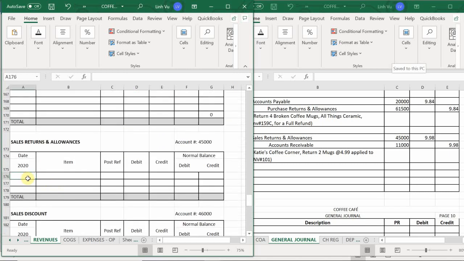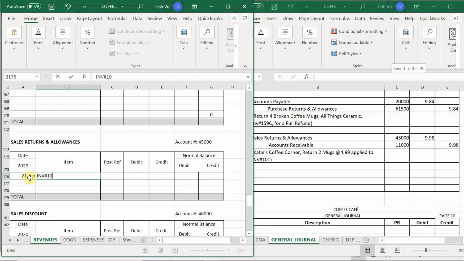Here we are. What's my item here? I put Katie's Coffee Corner. I put invoice 101R for return.